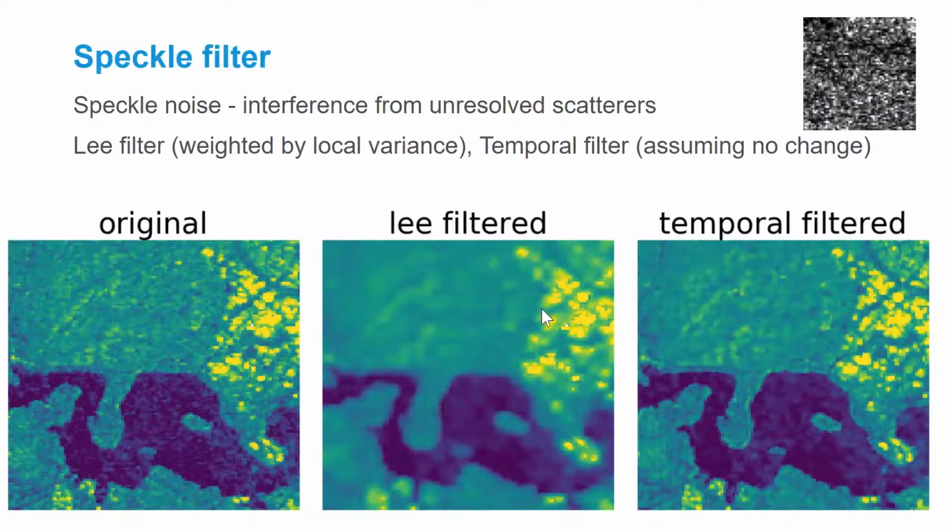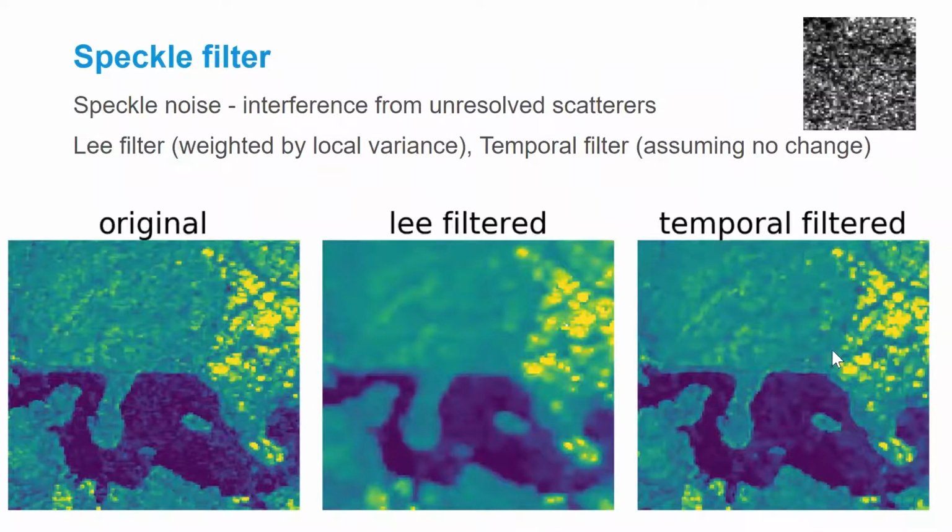So even though you can see clearly that the image has been smoothed, and so the resolution has been reduced because you're averaging over multiple pixels, the adaptive filter actually allows you to preserve most of the edges in this original image. You can see the image is a bit blurred, but you do have reduced noise inside the water, so that it's actually a bit smoother and enhances the contrast between water and the land surface.